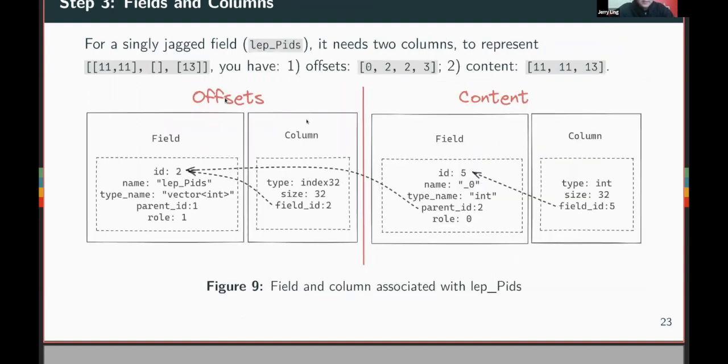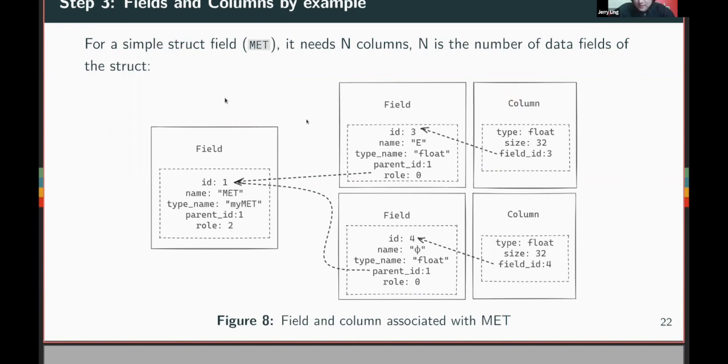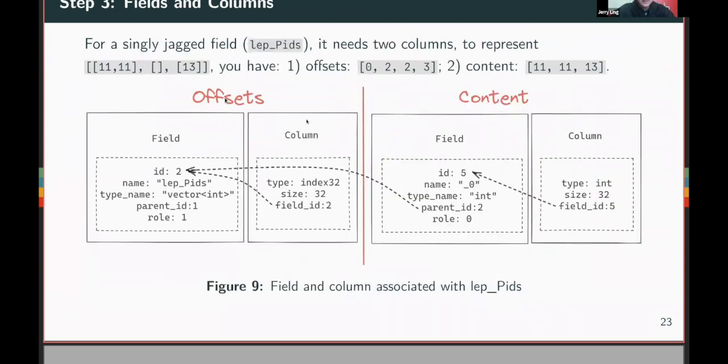And lastly, I think I heard a question. I think you're going to answer it on the next page. Go ahead. Okay, lastly, it's the offset thing. If you're not familiar with the offset content encoding of a jagged array, here's a quick demonstration. Assuming your real data looks like this, the first event has 2 entries in it, the second event no entry, the third event 1 entry.